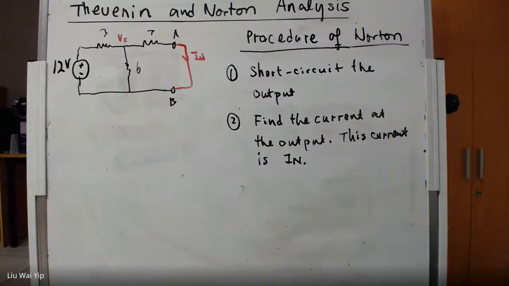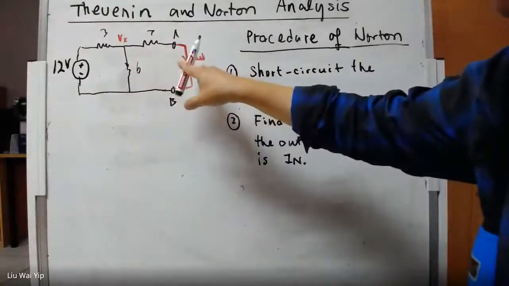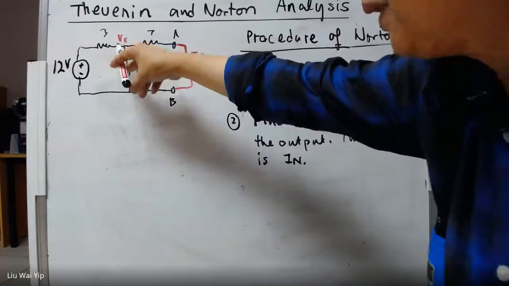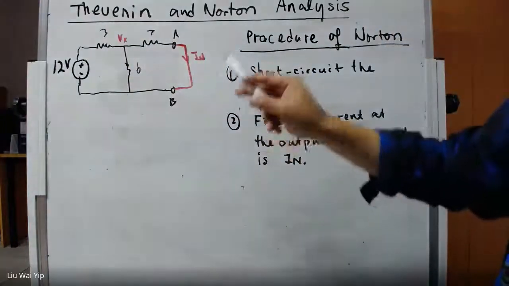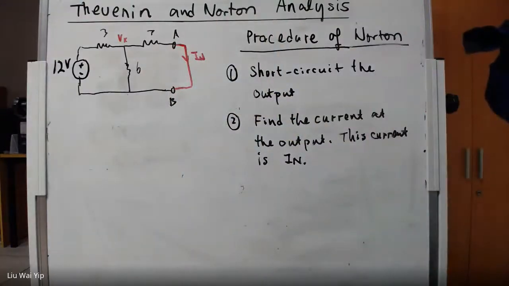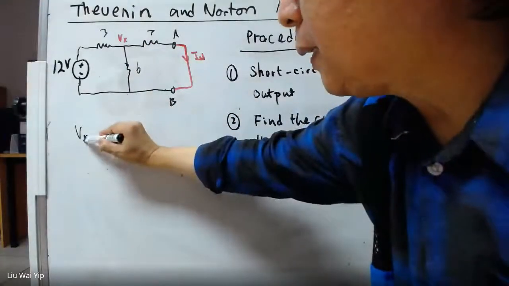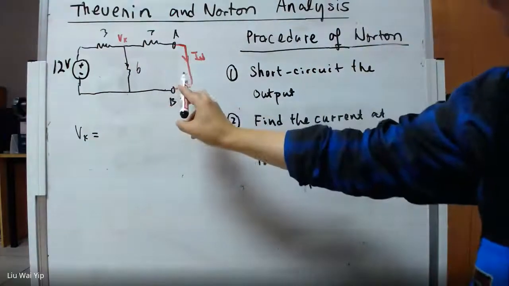Now the way we find the Norton current is very tricky. There are many ways to do that. I personally prefer the lousy way. Instead of finding the Norton current first, I'm going to work out the voltage at this point first, and then eventually use the voltage to work out the current. So the voltage here can be evaluated using the voltage divider method.